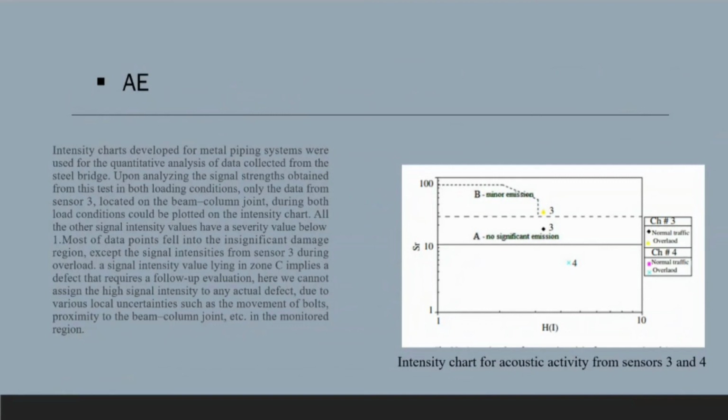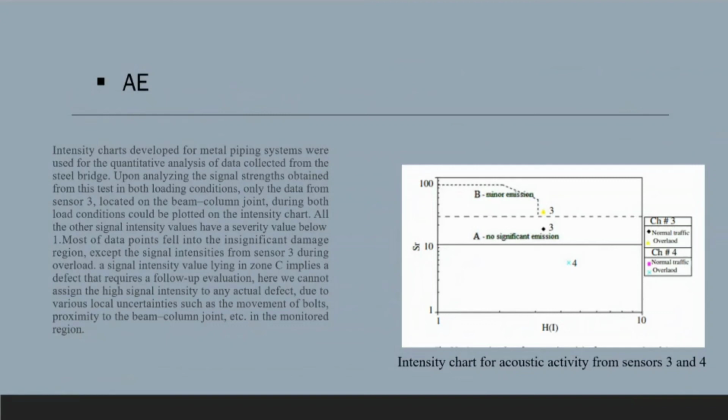All the other signal intensity values have a severity value below 1. Most of the data points fell into the insignificant damage region, except the signal intensities from sensor 3 during overload.